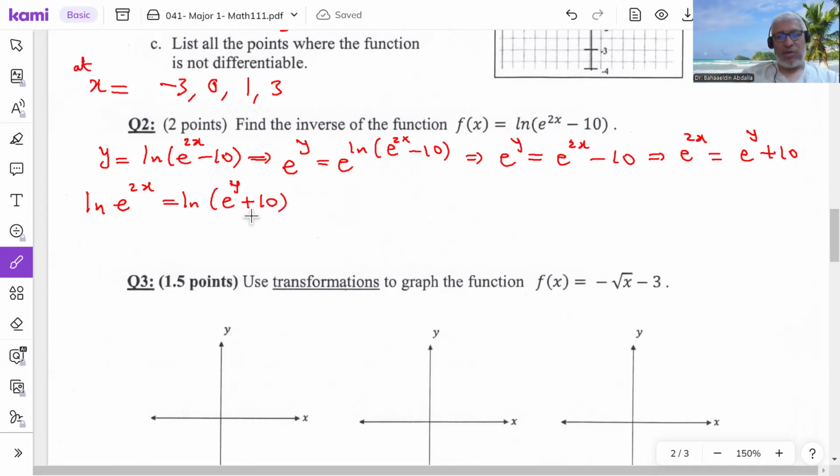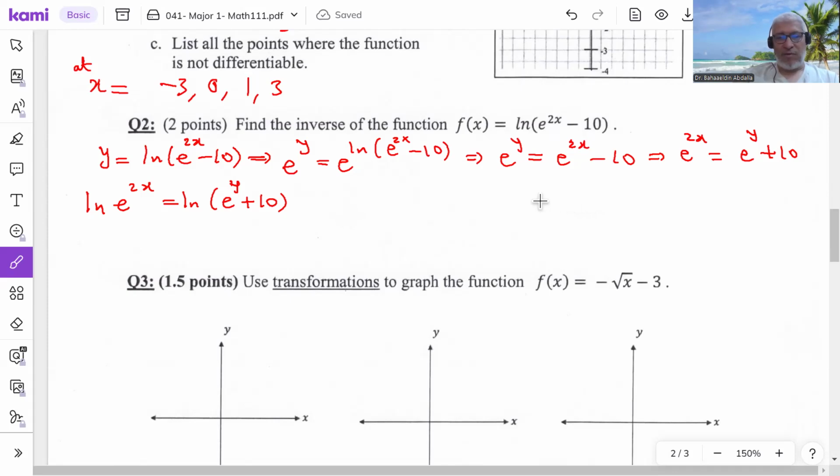ln cannot be distributed if there is a positive or negative sign. If you remember the properties of ln or log, it works with products and division. We know that ln of u times v equals ln u plus ln v, and ln of u over v equals ln u minus ln v.